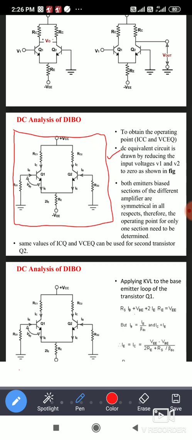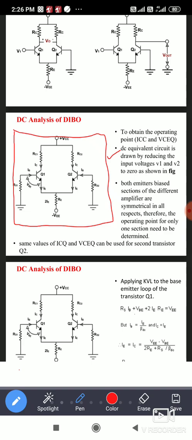That's why the values of collector current ICQ and collector to emitter voltage VCEQ have the same values, because both transistors are the same. So the operating points will not be different for the two transistors, because Q1 and Q2 have the same characteristics and specifications.